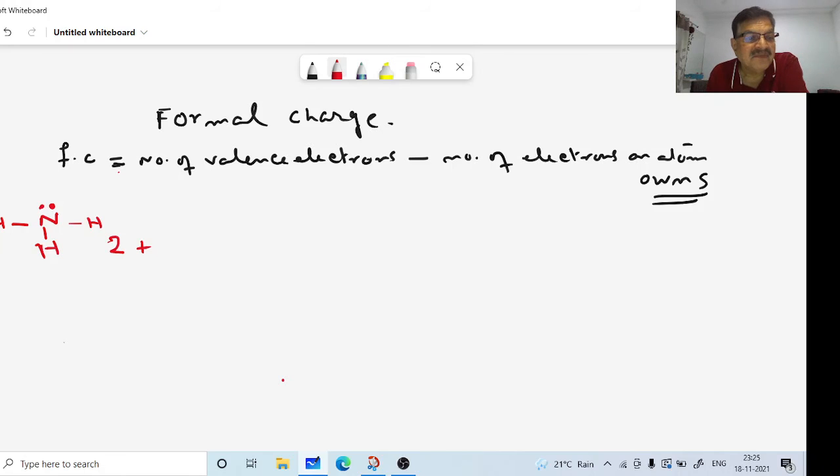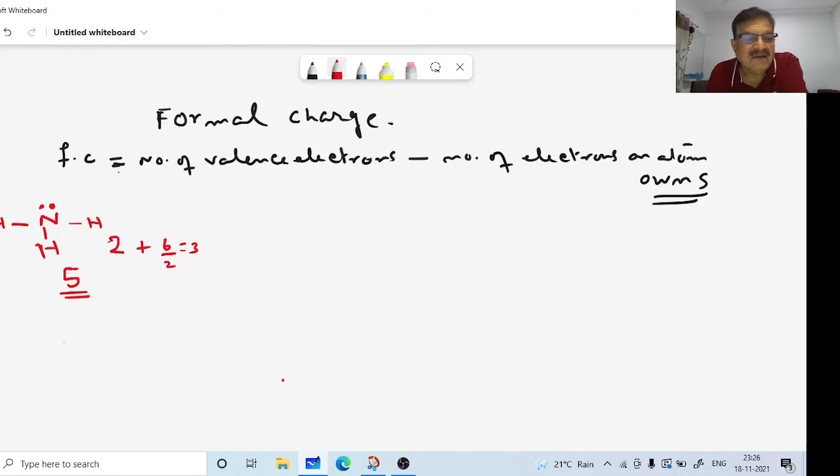An atom owns all its unshared electrons and half of the shared electrons. Here the shared electrons are 6, so half of that is 3. Therefore, the number of electrons owned by nitrogen here is 5.